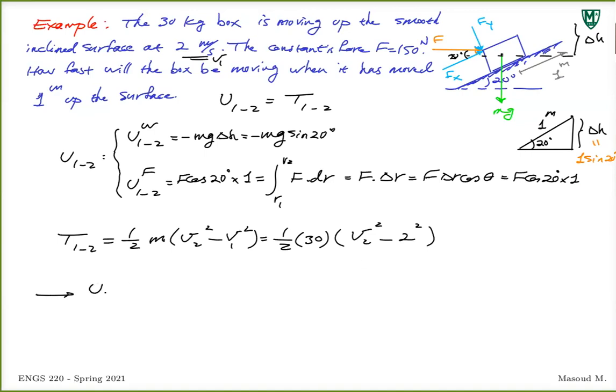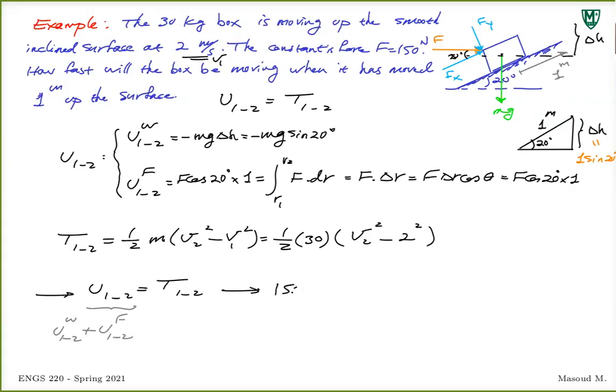Now, we just say U from 1 to 2 is equal to T from 1 to 2. And this U from 1 to 2 is U from 1 to 2 because of weight plus U from 1 to 2 because of force. You put everything together, you'll get force is 150.